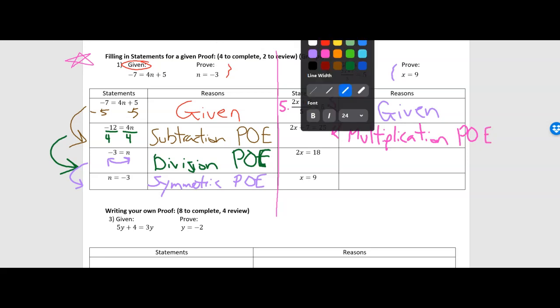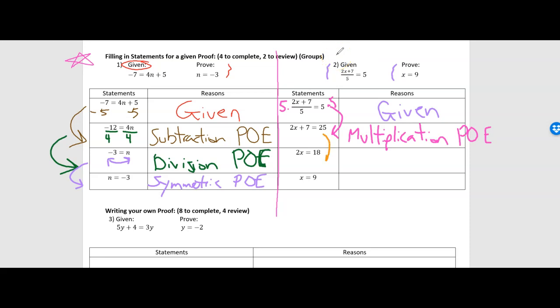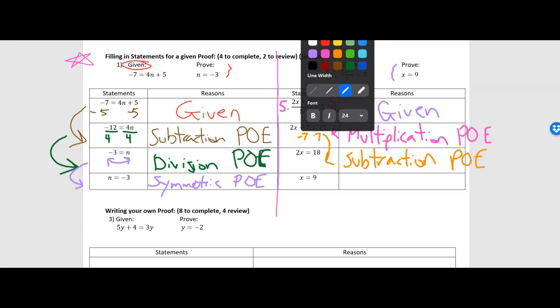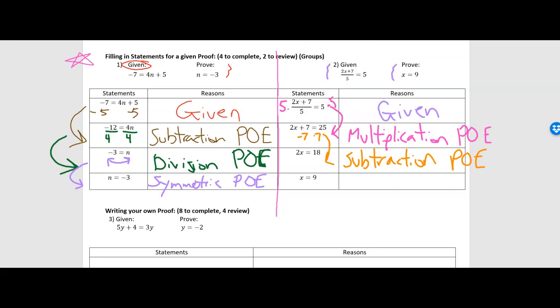All right, going from statement 2 to statement 3, it looks like we subtracted 7 from both sides, so subtraction property of equality. And then our final step, I think it's pretty clear to see that we divided both sides by 2 to go from statement 3 to statement 4, so division property of equality.